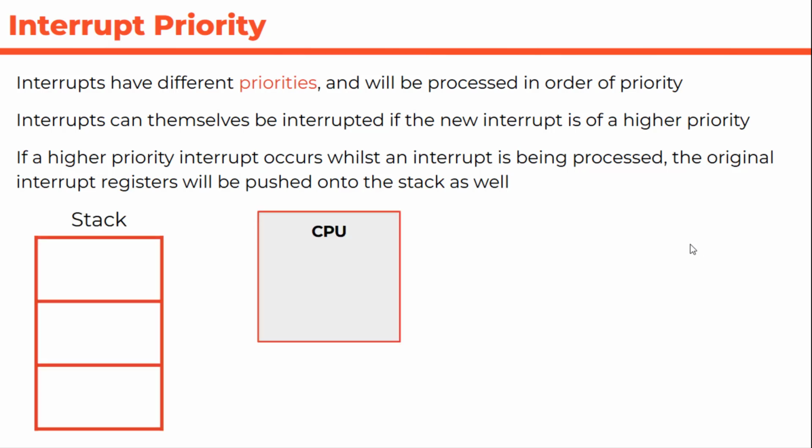Let me give you another example. There's our stack and there's our CPU. Take me for example, John. There I am. I sit on the bottom of the stack. Why am I on the stack? Because I've been bumped off the CPU because who has a higher priority than me?